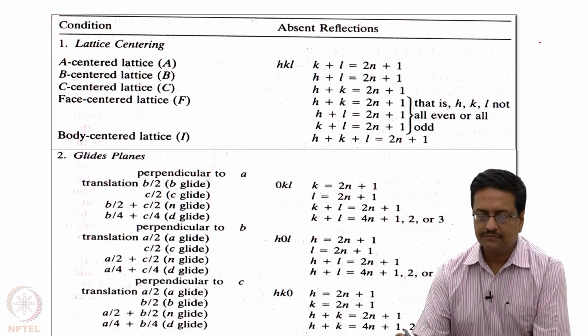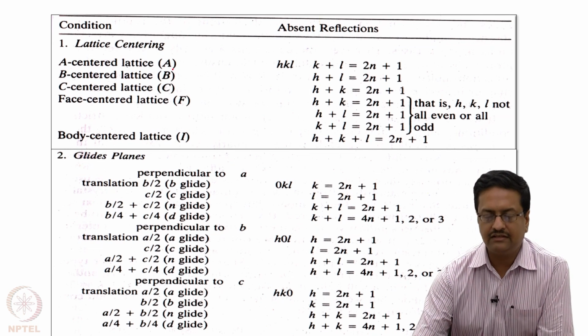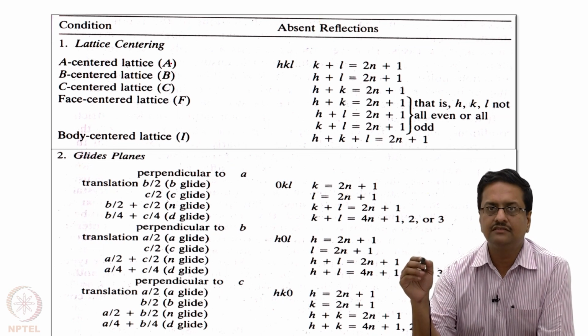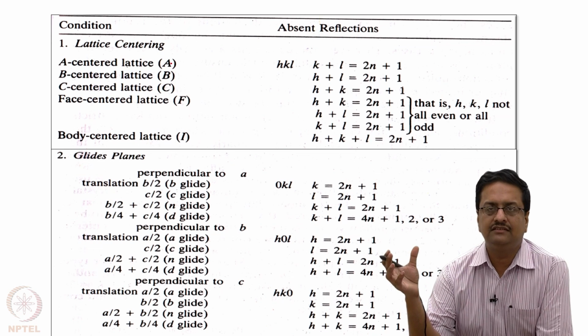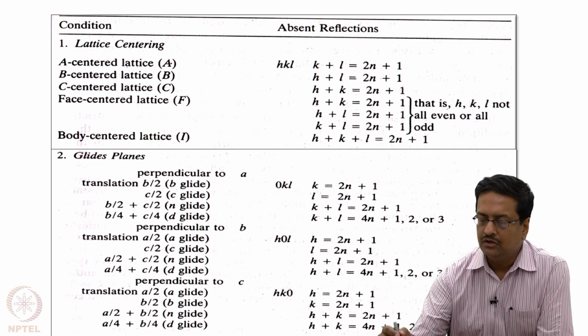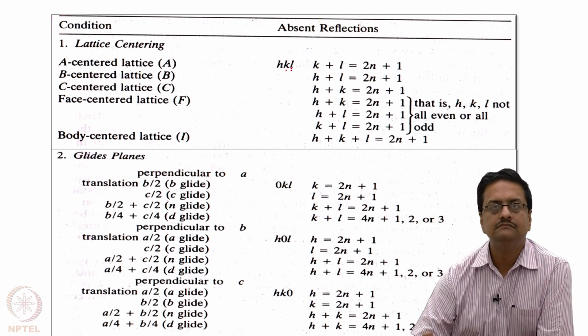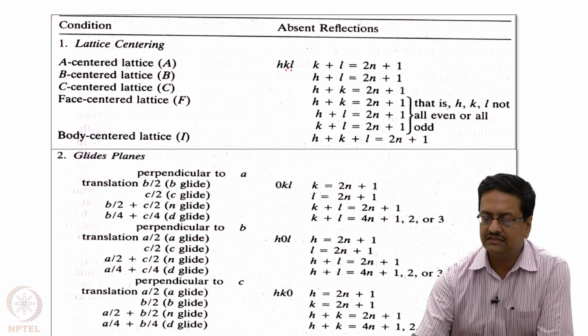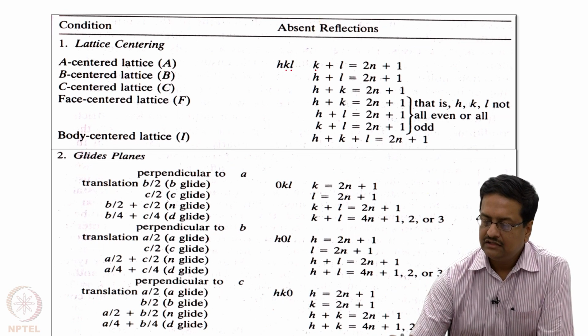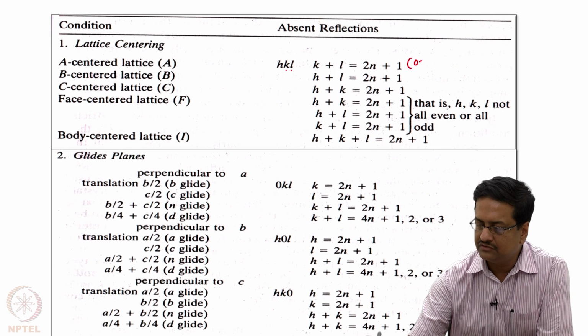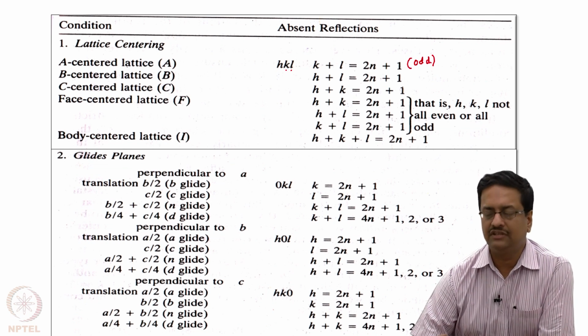So in case of an A-centered lattice, that means the BC face is centered, B and C means K and L. So for general reflections HKL, when K plus L is odd, 2n plus 1 means it is odd, the reflections will be absent.